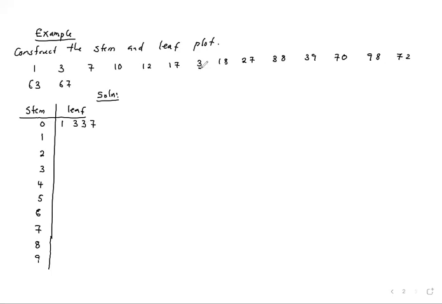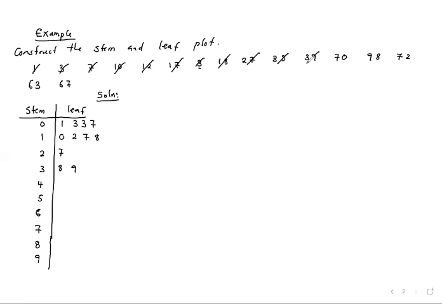Then for 1, we have 10, 12, 17, 18. Then for 2, we only have 27. So I've crossed out 1, 3, 7, 3. Then I've crossed out 10, 12, 17, 18. Then I've crossed out 27. Then for 3, we have 38. We also have 39.